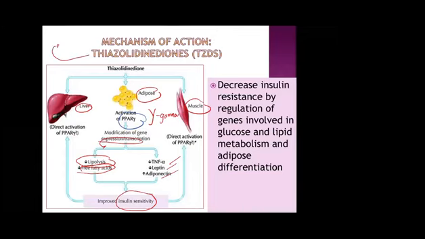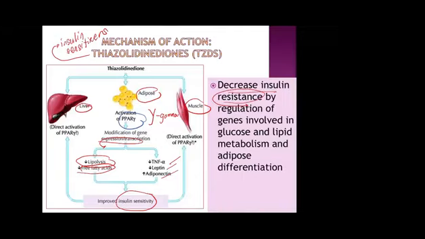That's why in some references, we call thiazolidinediones as insulin sensitizers, because by activating PPAR gamma, there is enhanced sensitivity of insulin receptors, facilitating action of insulin hormone. So that's why ang nakalagay dyan, they decrease insulin resistance by regulation of genes through activation of PPAR gamma. So that's the mechanism of action of thiazolidinediones.